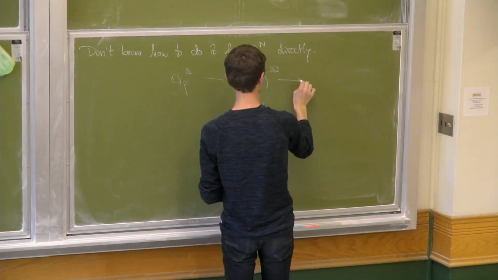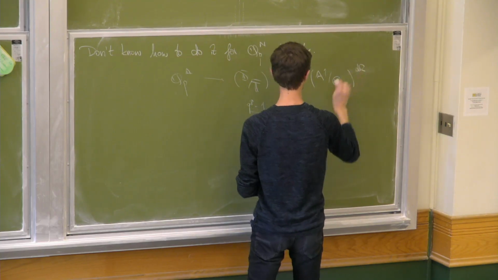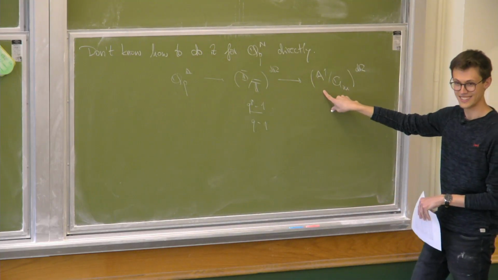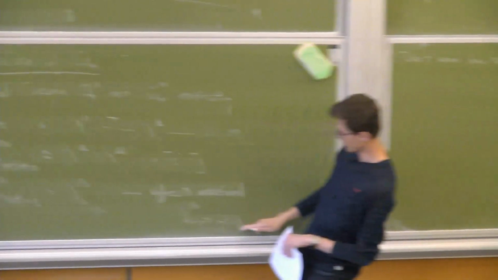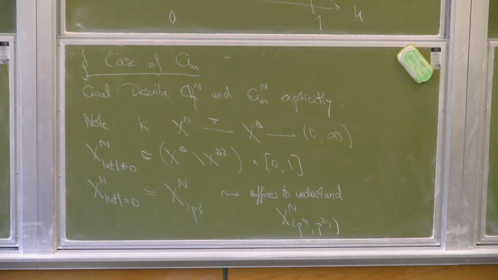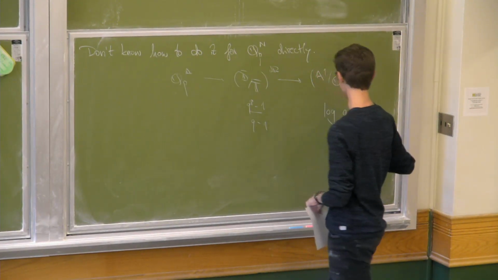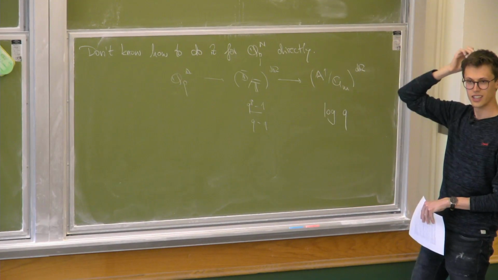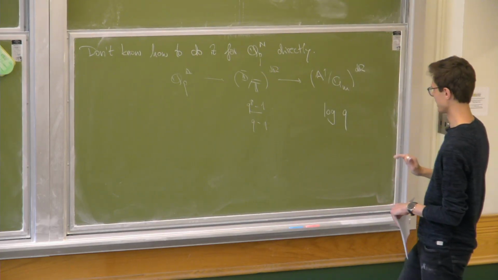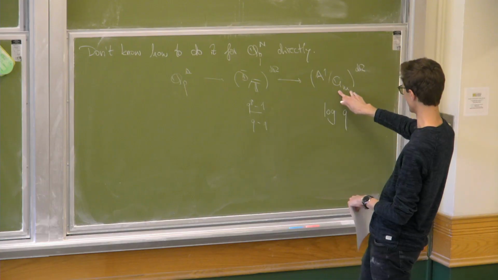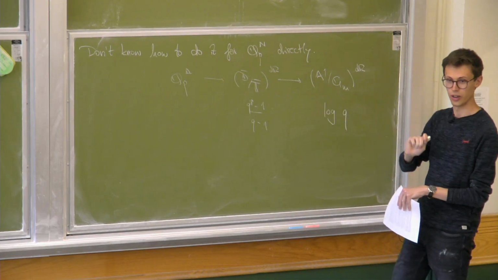But the situation gets much better if I go down to A1 mod GM Durand, because then, at least in this locus from root P to the 3, this thing identifies with log Q. Because now I'm allowed to work up to units, and before I was only allowed to work up to units of norm 1.